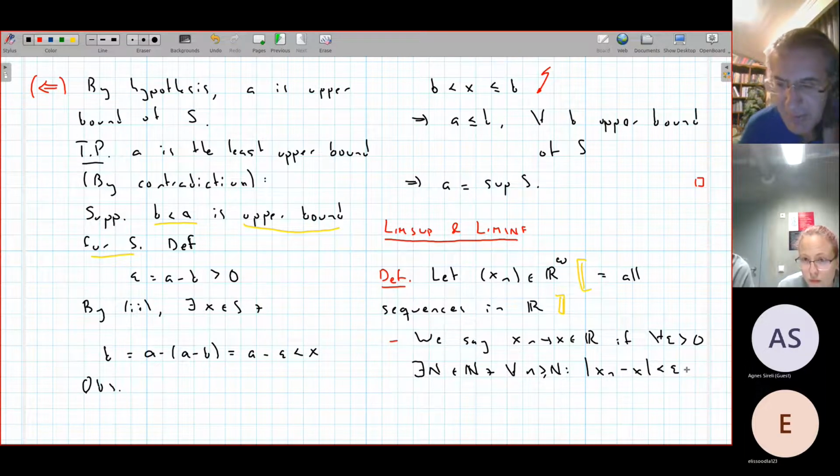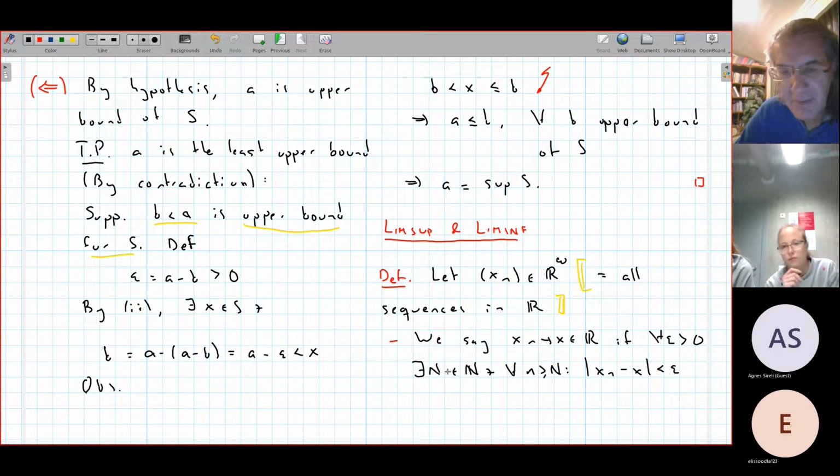So please tell me, is this your definition of convergence? Yeah, I think we had something very similar.